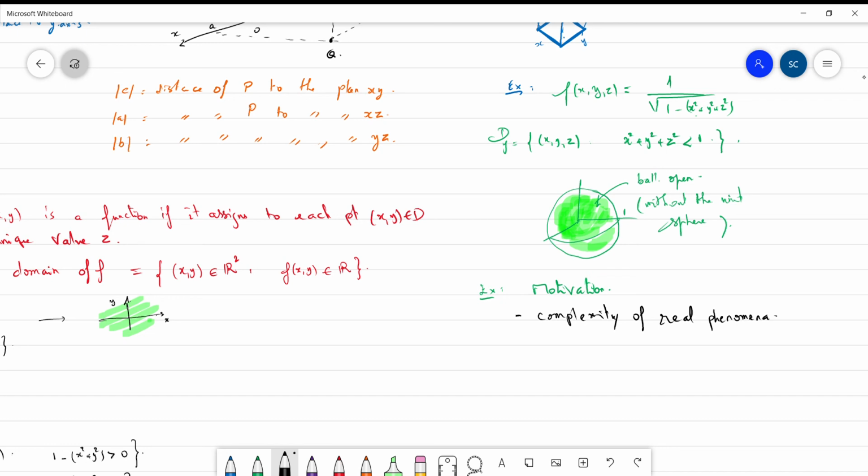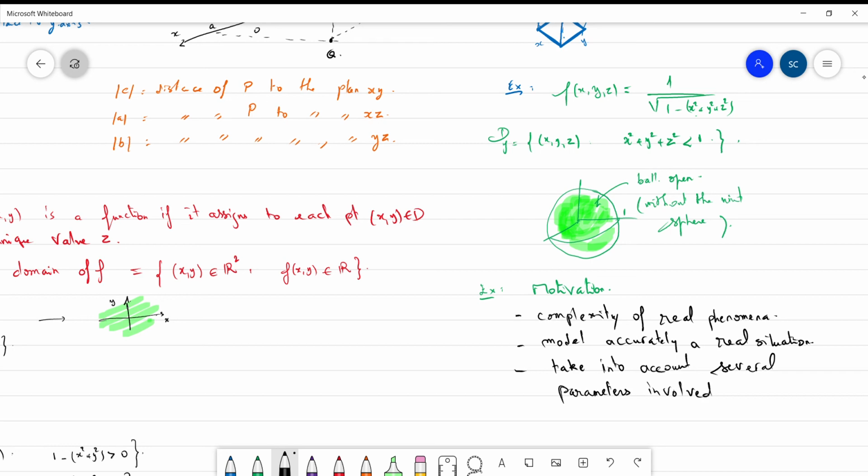If you have the purpose of modeling a real situation accurately, this will be possible if we take into account the several parameters involved when measuring a quantity.